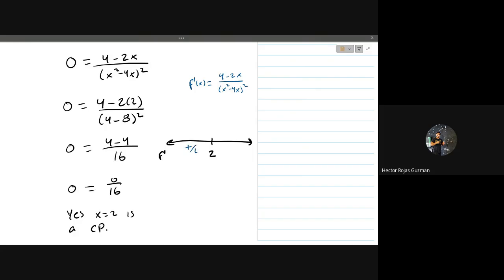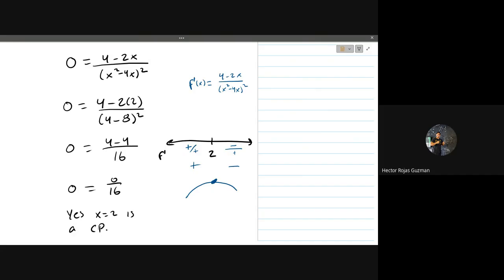Positive over positive? Okay, you don't have to plug in negative infinity. You can plug in 0. You can plug in 1. But yeah, it would be positive over positive. Plug in 3. Negative on top, and positive in the bottom. So it's just negative.